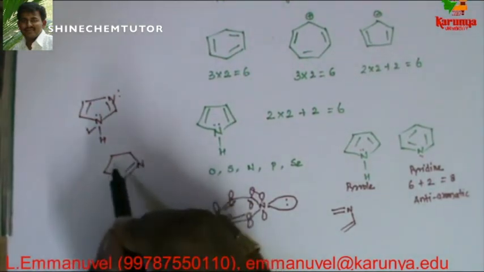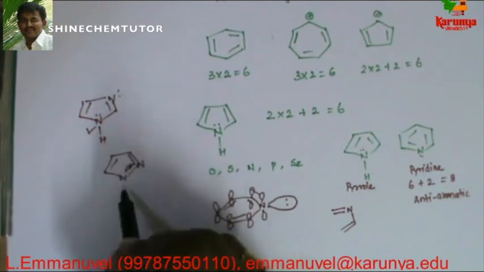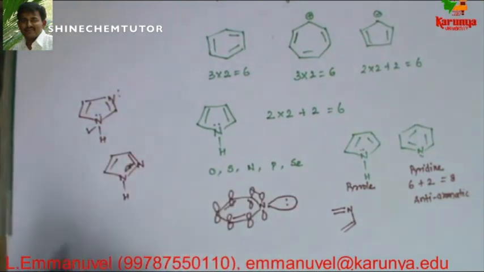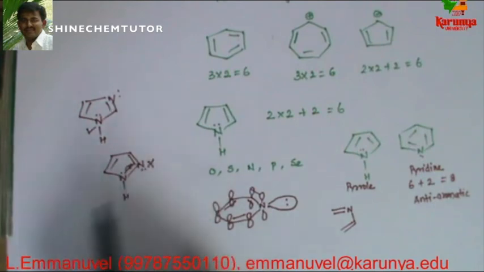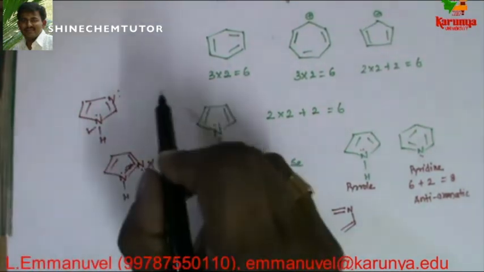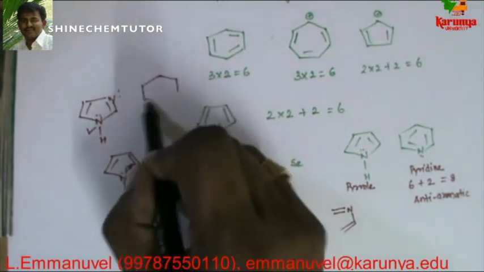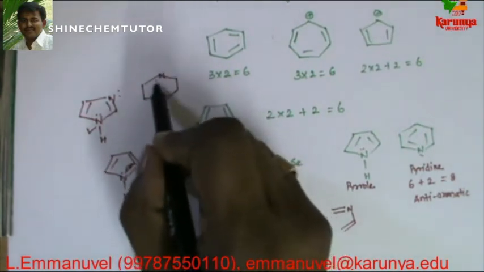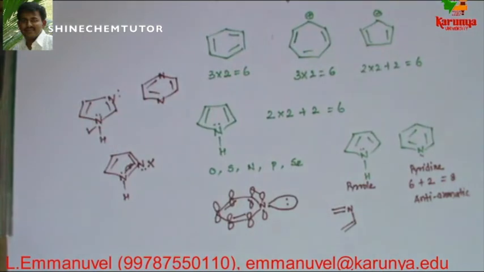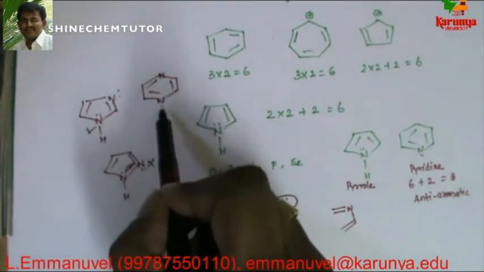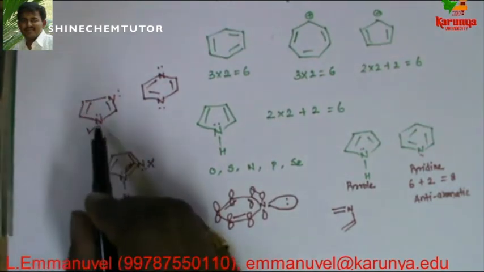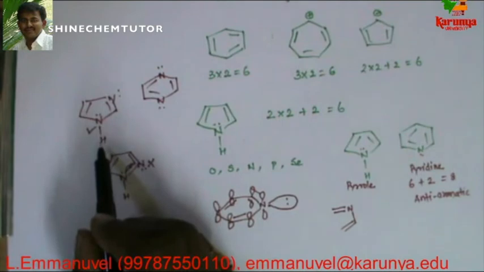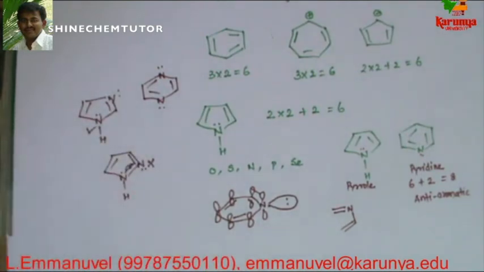I can go for pyrazole. Here also the same thing. This nitrogen lone pair will not be involved. I can go for this compound also. There are two nitrogens and there are two lone pairs. It will not contribute. Only when there is NH or N-alkyl group, that will contribute.